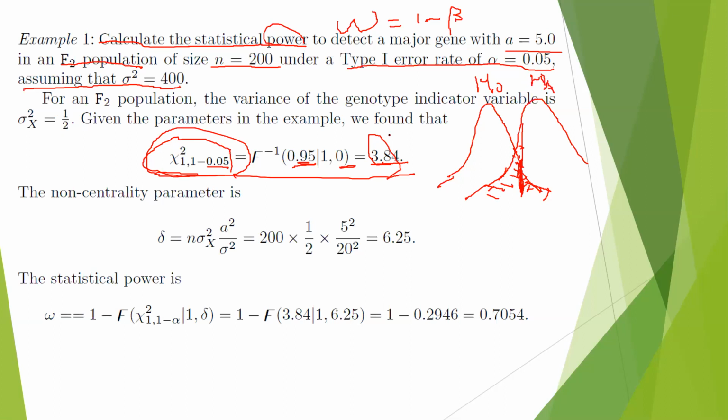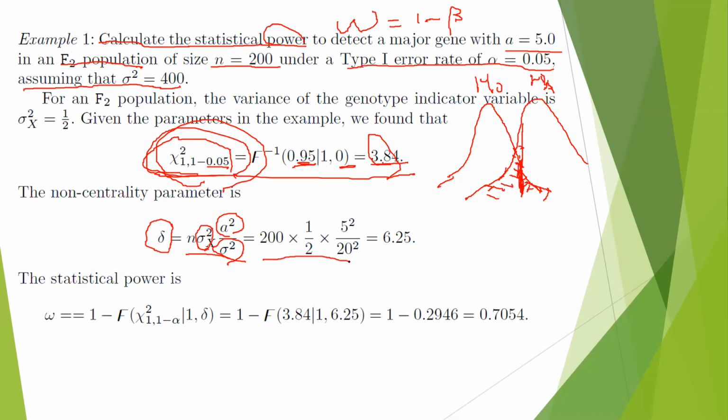Based on the alternative distribution, using the same cutoff, you can easily use another inverse function to calculate the non-centrality parameter, which is defined as this, because we already know the real additive effect and the residual error variance, and also this, right? Okay.